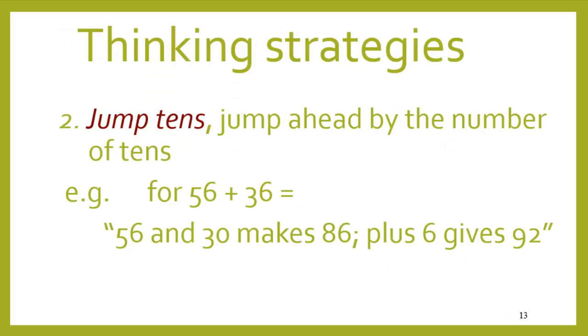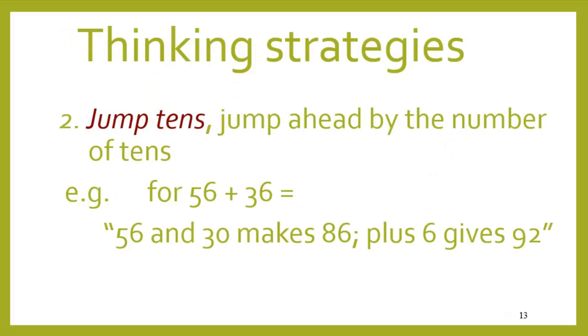A second strategy is to jump tens, jump ahead by the number of tens. So we're adding 56 and 36, let's jump ahead 30 from 56, and we've got 86. Students would have done, of course, a lot of work using the 1 to 100 chart up on the wall, and realise that when you go down the chart it's going up by 10 every time. When you go right across horizontally it's going up by ones.